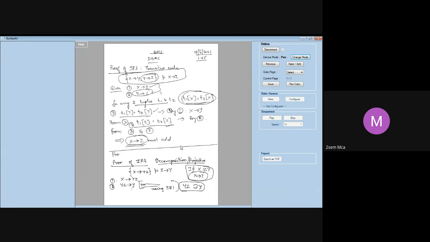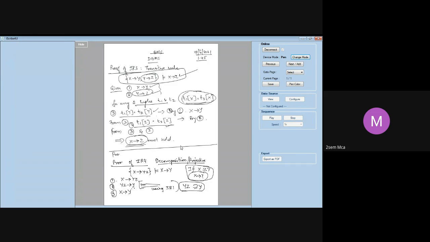Yz is a superset of y, correct. So using your IR1 concept, I can write yz determines y. So x determines yz, yz determines y. So what will be my next step? X determines y. This is by transitivity again. IR3 states what? Transitivity. If x determines y and y determines z, we get x determines z.